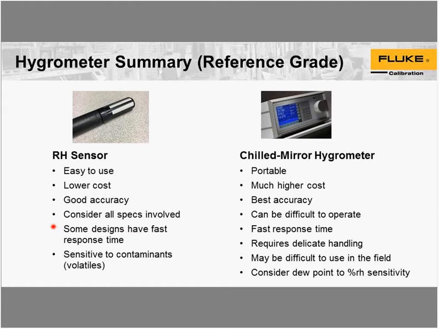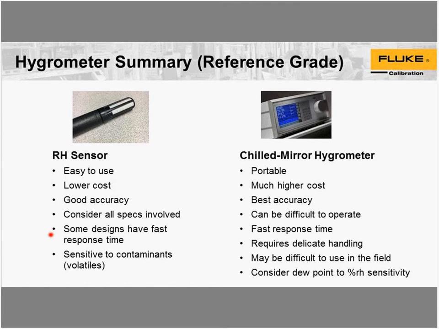Some of them are designed, though, to measure very quickly, or to have a very quick response time. So make sure you know what kind of sensor you're dealing with, because even ones that are slow, the majority of the change happens fairly quickly, but then you have this roll-off effect, so you can actually have a fairly long time constant.